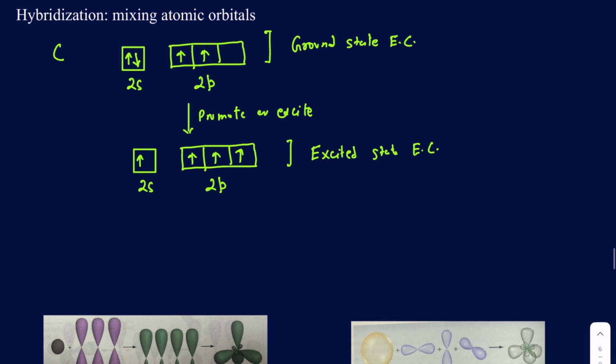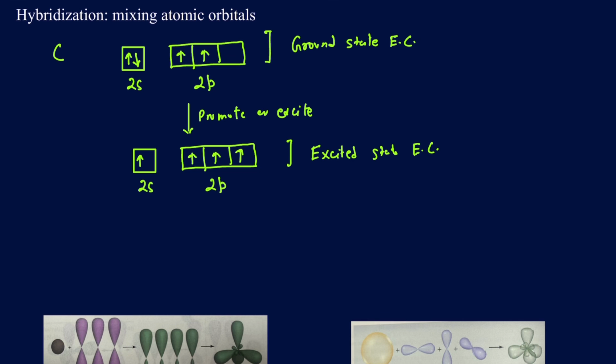Now, once I get these promoted, I still have to mix these orbitals. Remember that. I didn't really mix the orbitals. I just got the electrons promoted from the 2s onto the 2p so that I can have four half-filled atomic orbitals. Now, when it comes to mixing the orbitals, I can mix the s and the p together. How many I need to mix from the s or from the p kind of depends on the need.